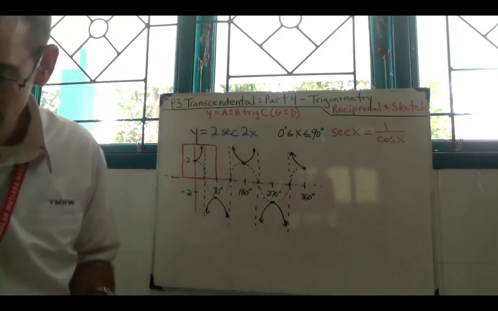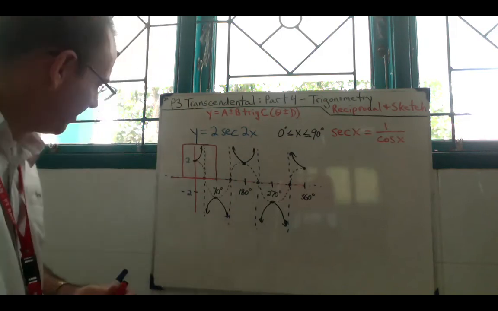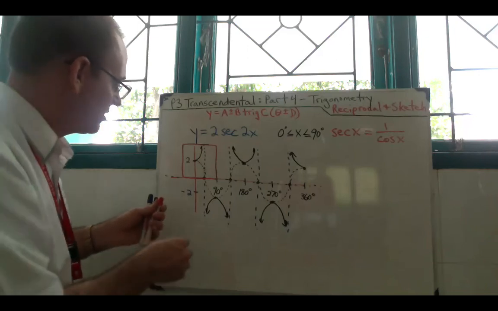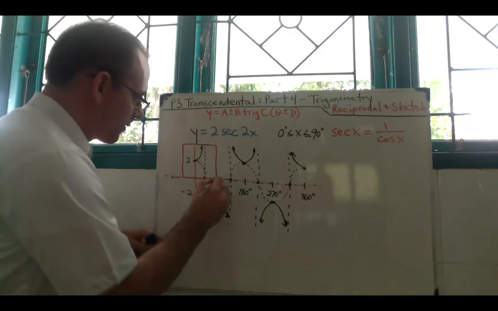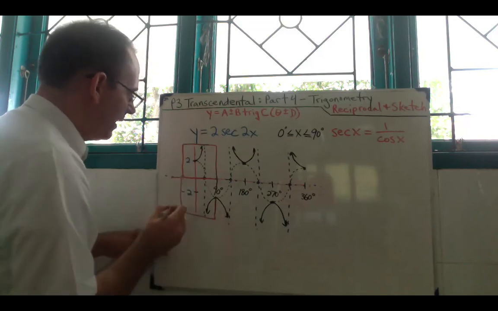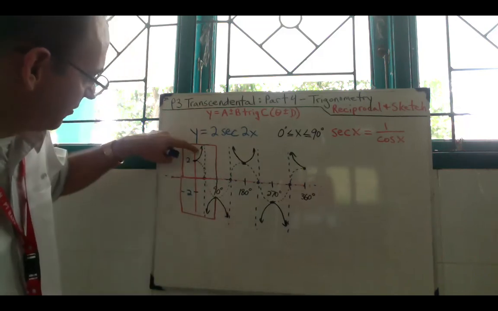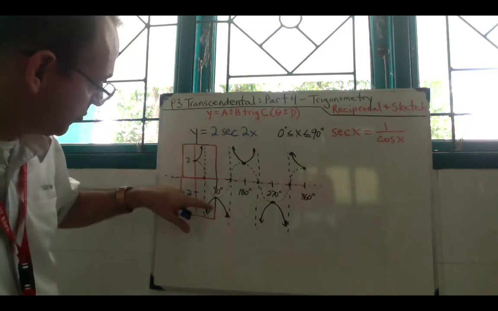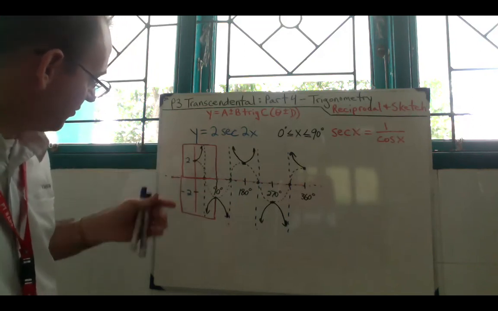So from 0 to 90, that is the part of the graph that they want. So that actually includes this down here, over and up. So this part and this part here are the two parts of this graph from 0 to 90.